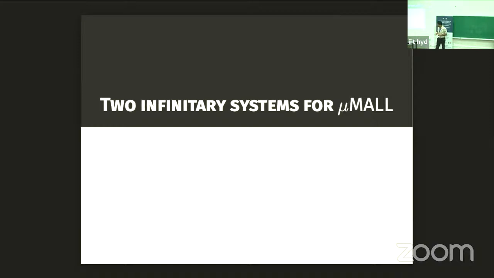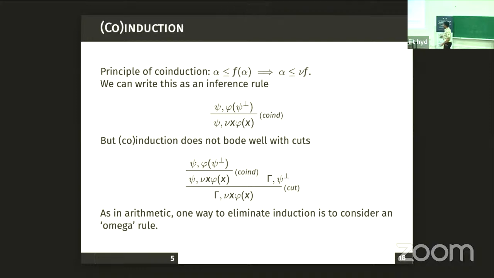So as we are doing this for the first time, we have proof systems for mu-MAL. And we have the co-induction principle, which says that if alpha is a prefix point, then alpha is below the greatest fixed point. You can think of this as an inference rule like this, where you can think of psi as basically alpha.